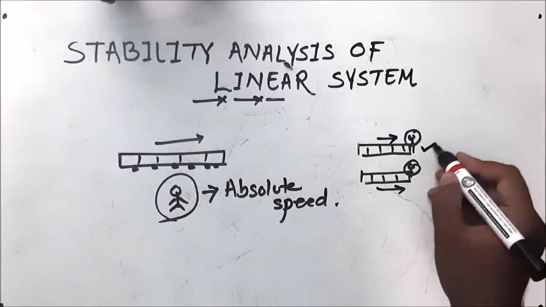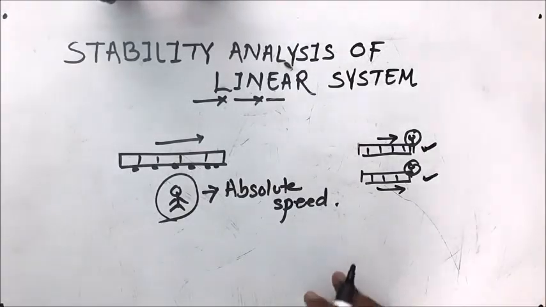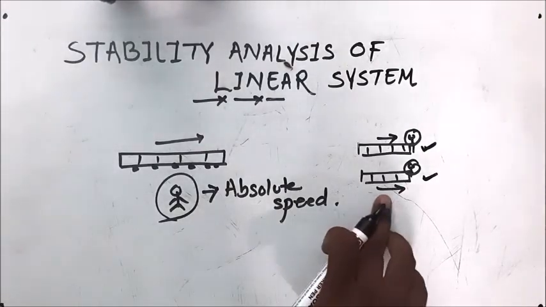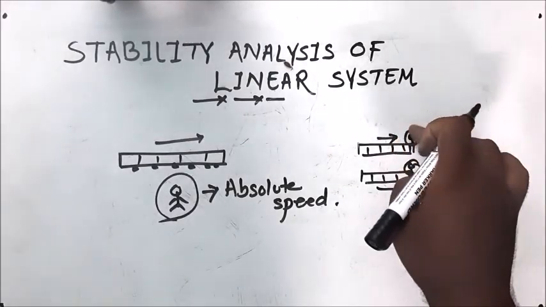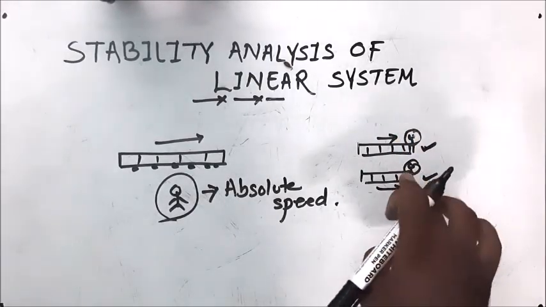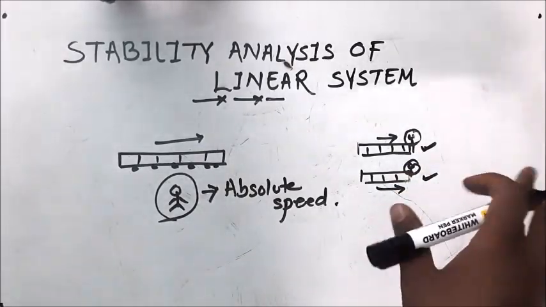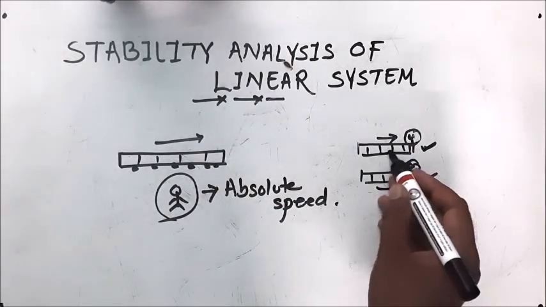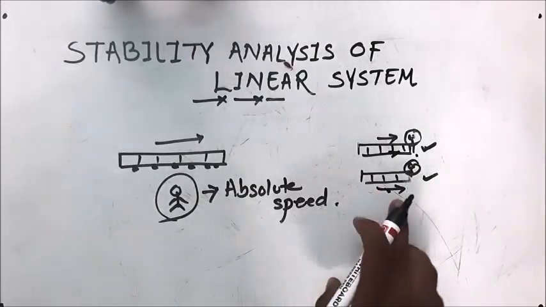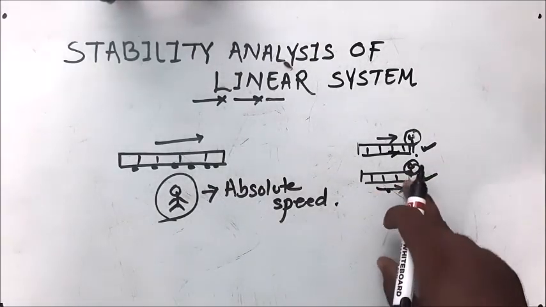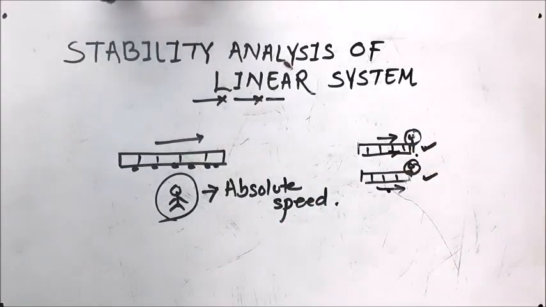So if this speed is more than this speed, we can say this train is relatively slower than this train, or this train is relatively faster than this train. In terms of stability, this train is relatively more stable than this train, or this train is relatively less stable than this train.